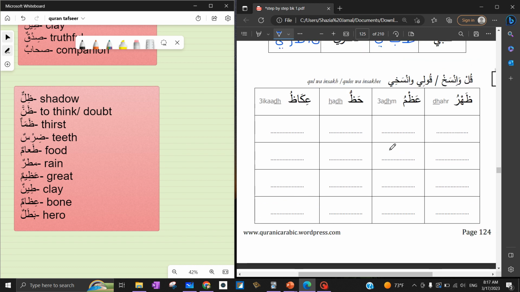Now let's see how you write. قل وانسخ means to say and write. So ظهر. First, the Za. Let's start with the Za. Now, this is the letter Ha; we will do it at the end of this book because all these letters are in the last units. So, I will show you slowly how to make this letter.